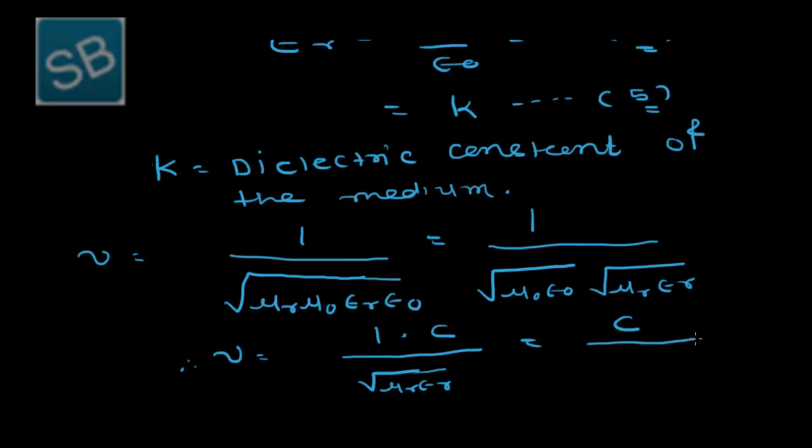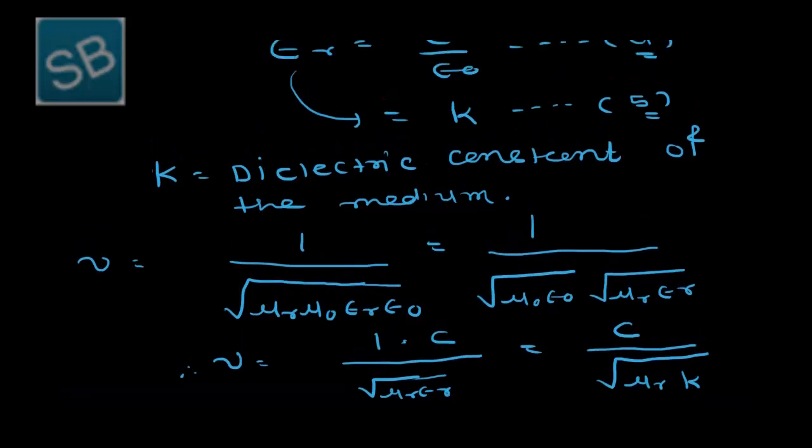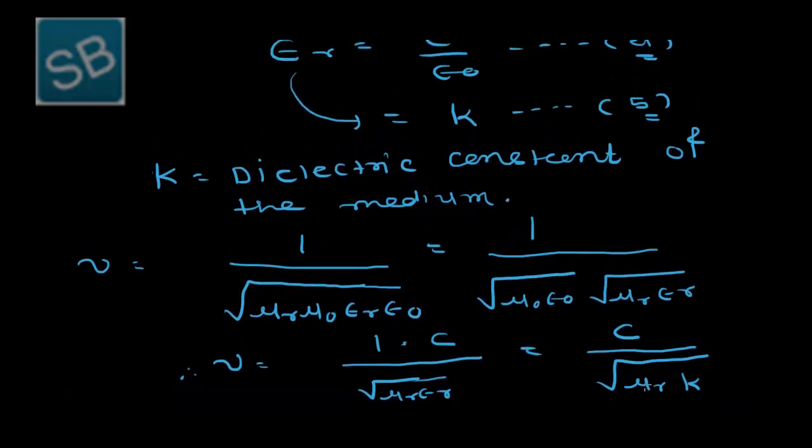So small c divided by under root of mu r. But what is the value of epsilon r? Is equal to capital K. And hence this is the final equation, equation number 6.